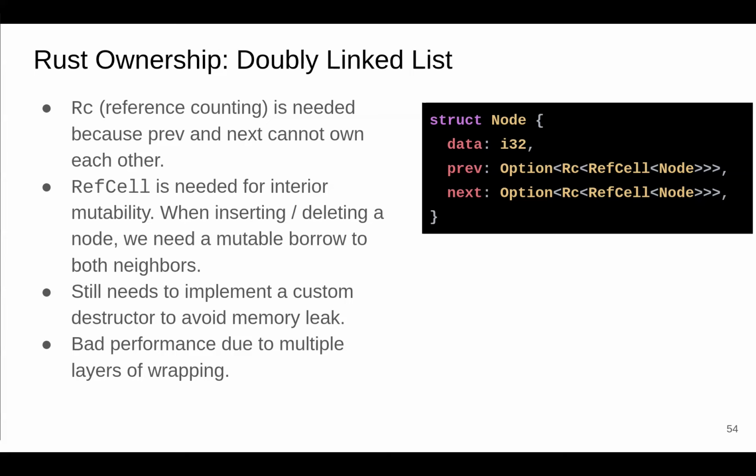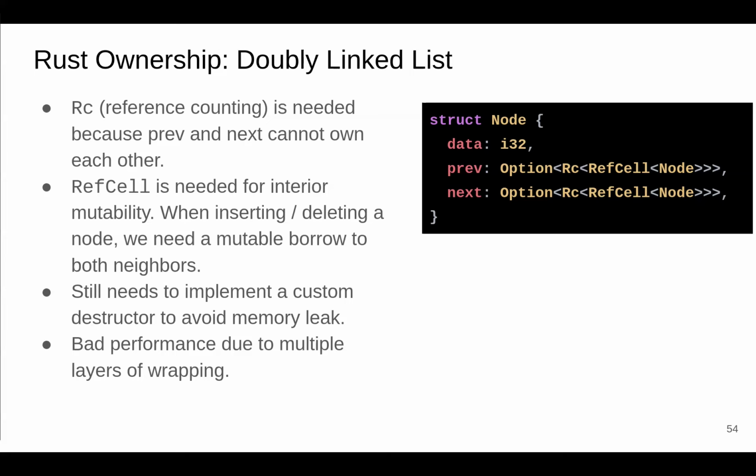You still need to implement a custom destructor to avoid memory leaks when you're freeing information, so that the reference counting cells are actually set to 0 in the correct way, which is quite complicated for a very simple linked list. And it still has not so great performance due to multiple layers of wrapping.